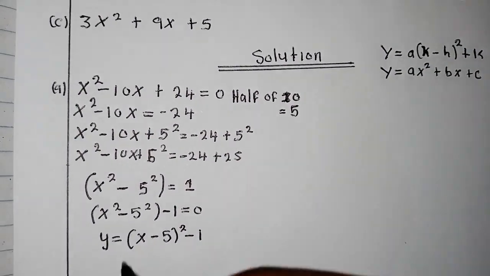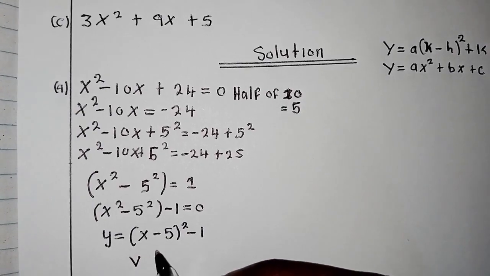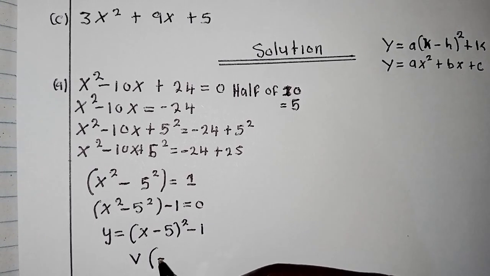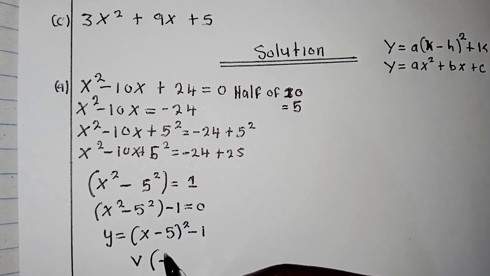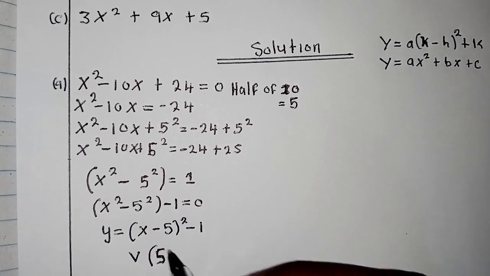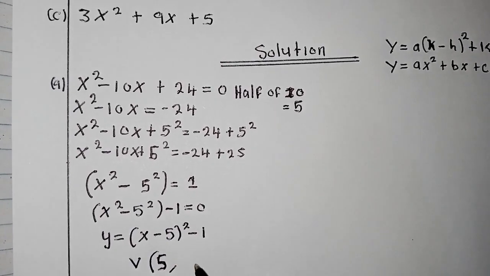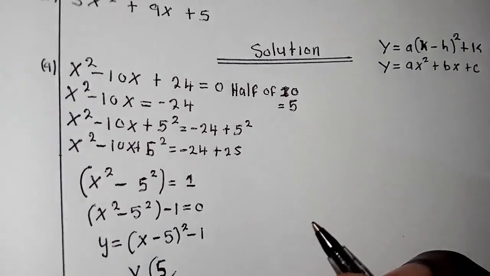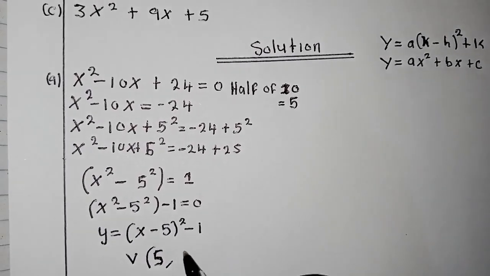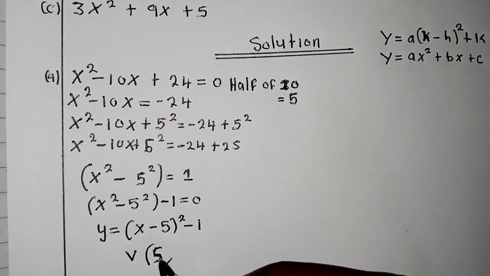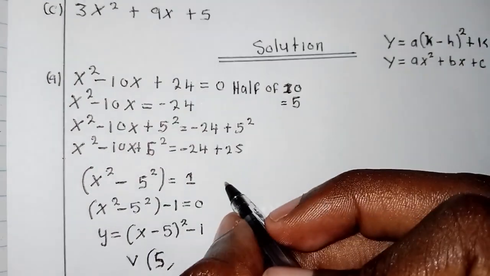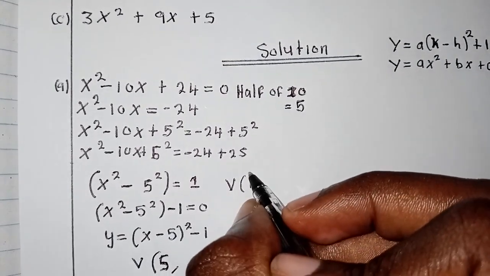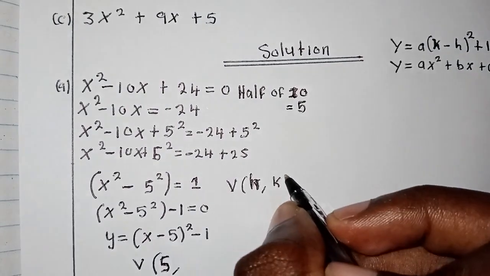So in this case, our vertex is simply 5, negative 1. The vertex is (h, k).